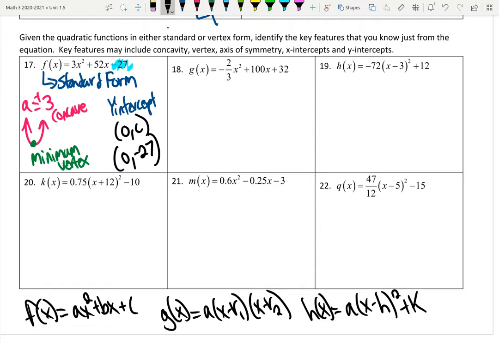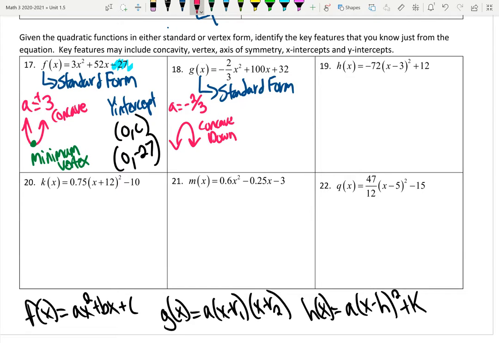Number 18, even though it looks a little kooky, it is in standard form. Now, I know that a is equal to negative 2/3. I know it is going to be concave down.